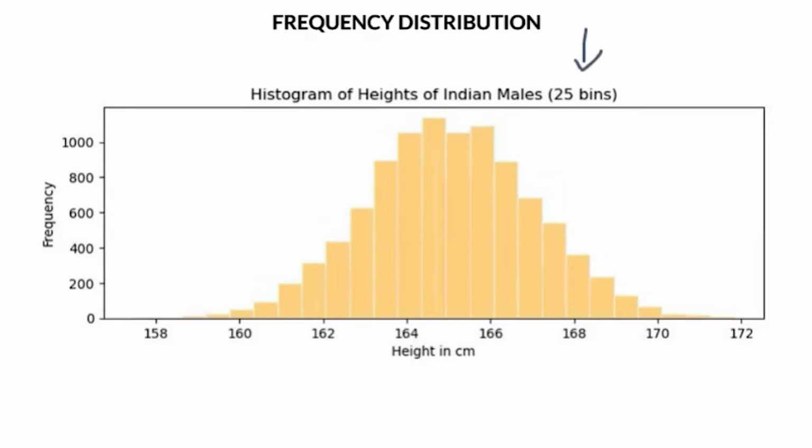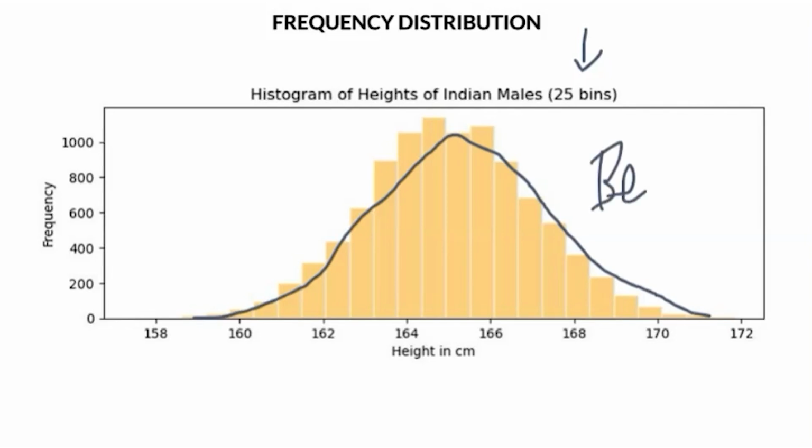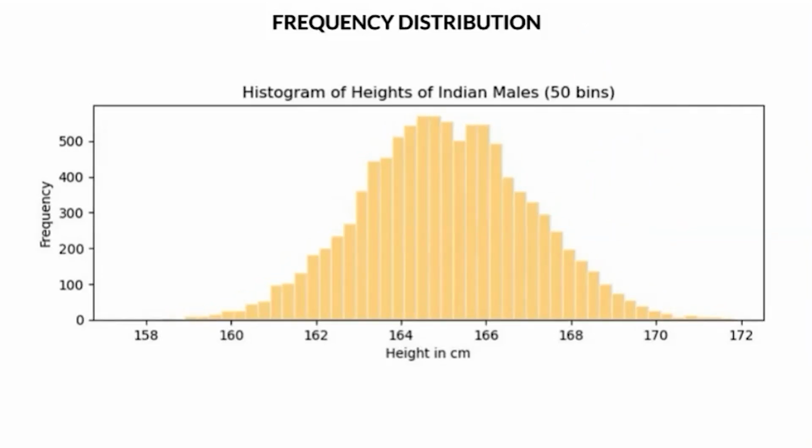In the next diagram, I have used the same data and broken it into 25 bins. Now there's a very clear pattern emerging, right? Looks like some kind of mountain. Generally, people refer to this as the bell curve. We'll come to the details later.